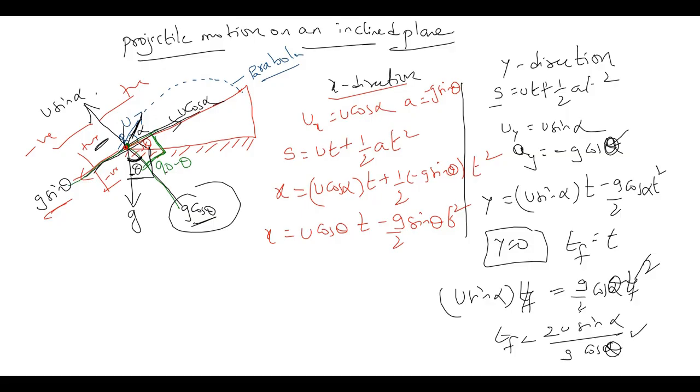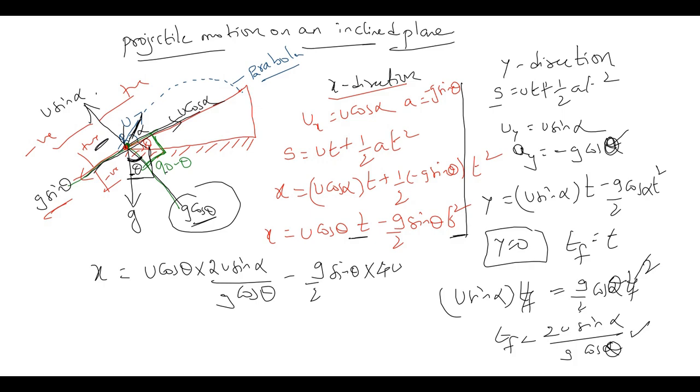Okay, now if you substitute this value of time of flight here, what will happen to x? X will become u cos alpha into 2u sin alpha by g cos theta minus g by 2 sin theta into 4u square sin square alpha by g square cos square theta, correct?